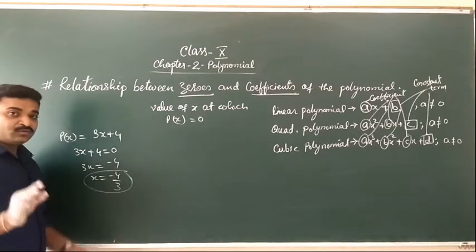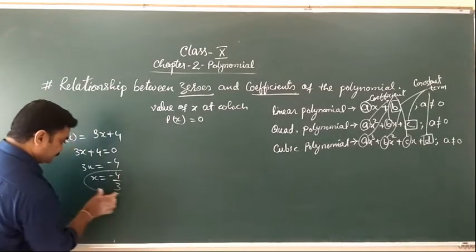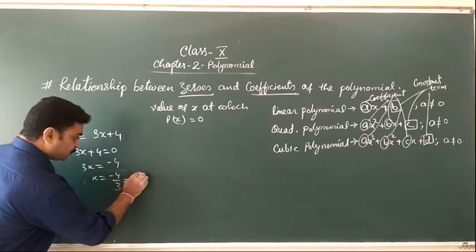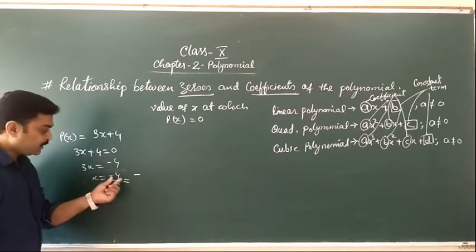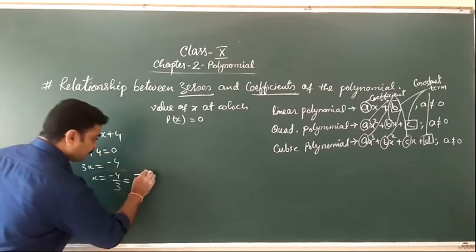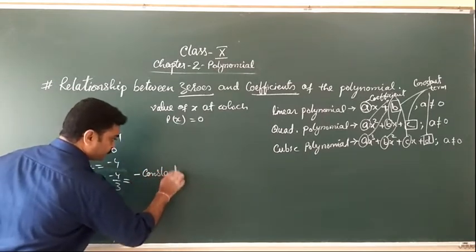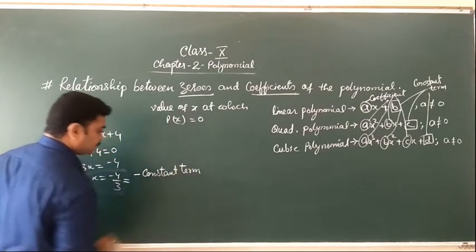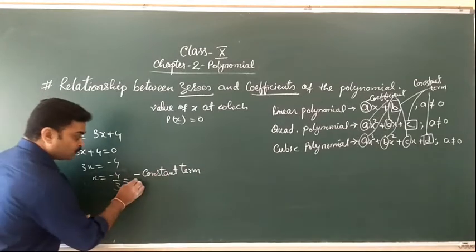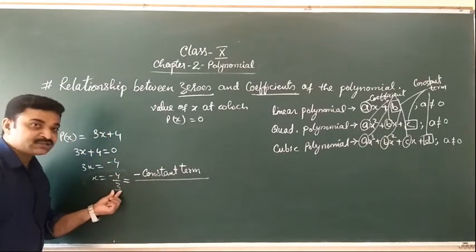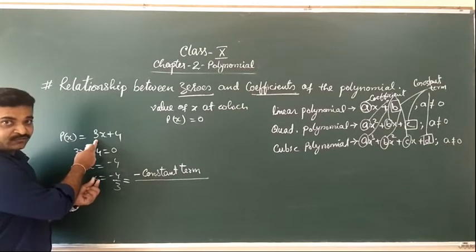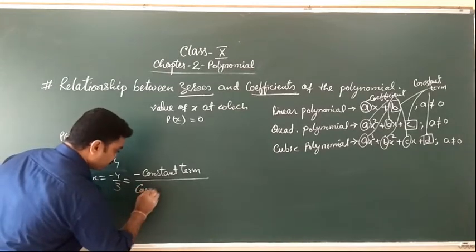Clear? Now if you look, this minus 4, I am putting this negative sign here. And what is this 4? 4 is the constant term. So we can write minus the constant term, upon this 3. What is 3? 3 is the coefficient of x.